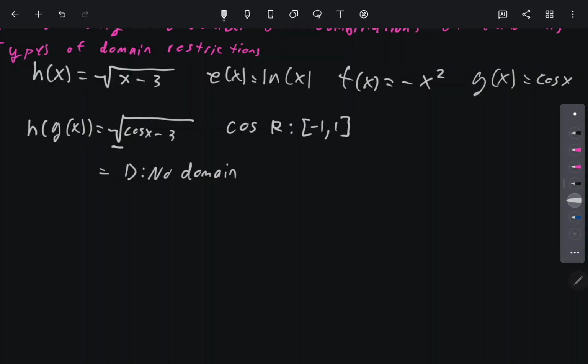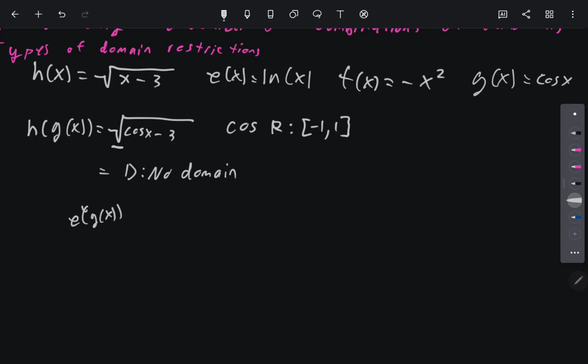Well, let's work another problem. What if we did the natural logarithm of cosine of x? Okay, so let's define a new function. Let's propose e of g of x, again.